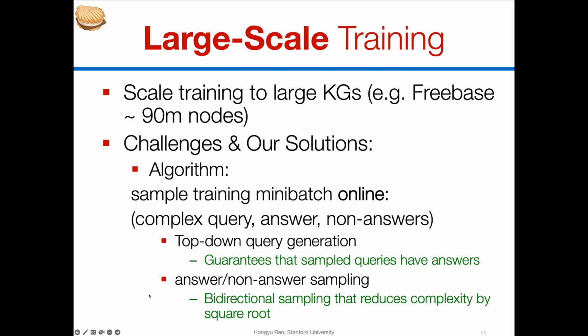However, the goal here, right, is really that we want to scale such algorithms up to extremely large knowledge bases, right? For example, to Freebase with roughly 86 million nodes, right?